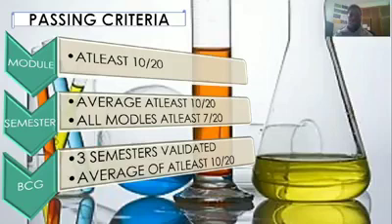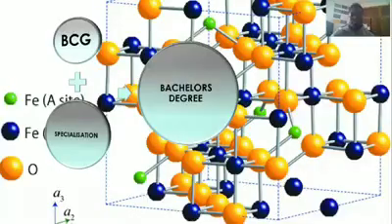And then a semester is validated first of all if the average of the 6 modules is equal to or above 10, and no module has a mark that is less than 7. Then BCG is validated if you have validated 3 semesters, okay? Then the average of the 4 semesters should be at least 10 out of 20. Now, up to this far, there is no specialization.